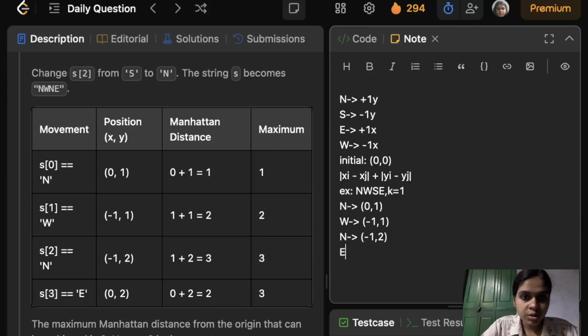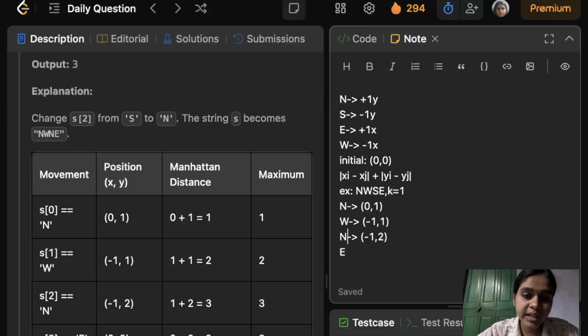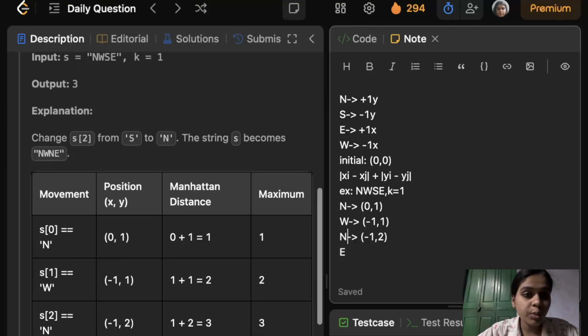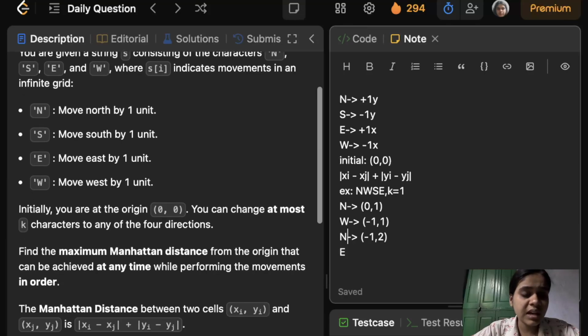Okay, here we missed that the string is NWSE. So in the question it was S, but here we are also provided k equals 1. So what does k mean? k is the number of characters we can change. At any location we can change at most k characters to any of the 4 directions.